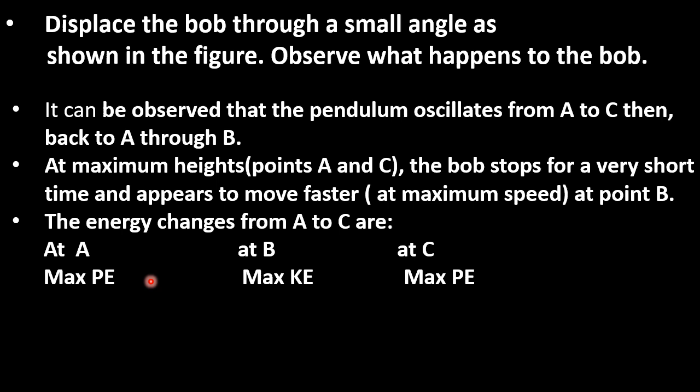So the potential energy at A changes to kinetic energy at B, and the kinetic energy at B changes to potential energy at C, and so on. The process goes on and on until the bulb is damped. To be damped means to stop oscillating. It stops oscillating due to air resistance, the air molecules that it passes through in the course of its oscillation.